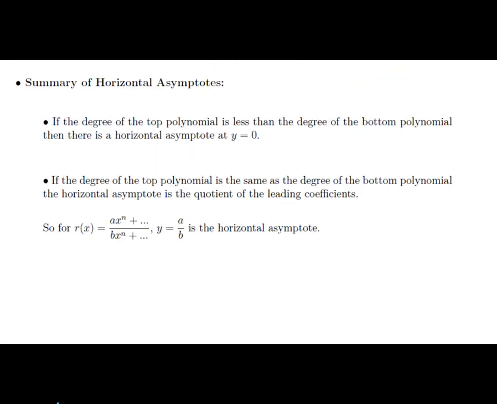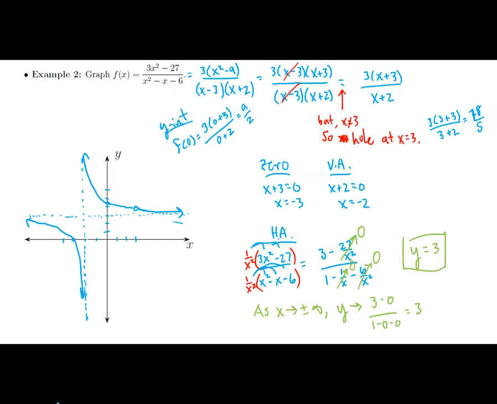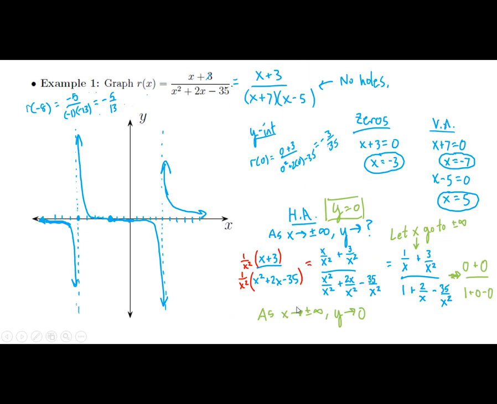Now, what I want to do real quick here is give a little shortcut for this horizontal asymptote business. If you look back at these previous two examples, down here, we did this process of multiplying by 1 over x squared on top and bottom, and basically convincing ourselves that as x got big, all these terms went to 0 and saw what was left over, right? We did the same thing back in example 1, right here.